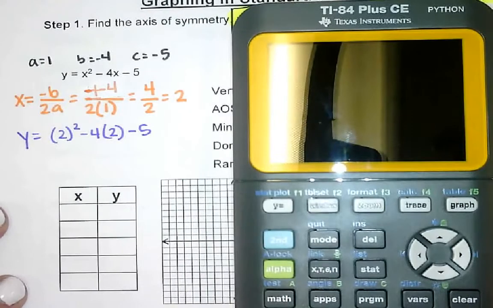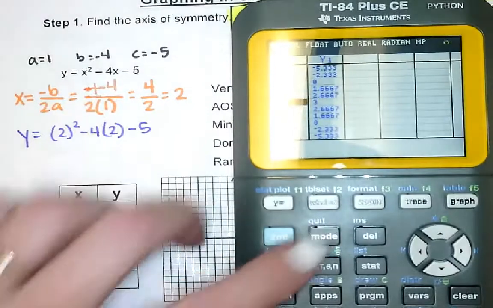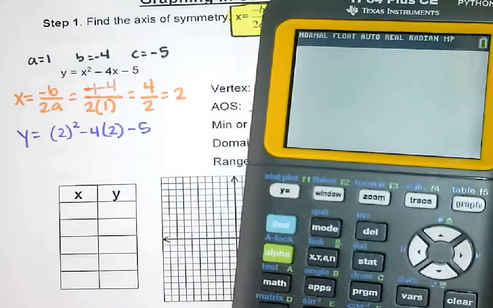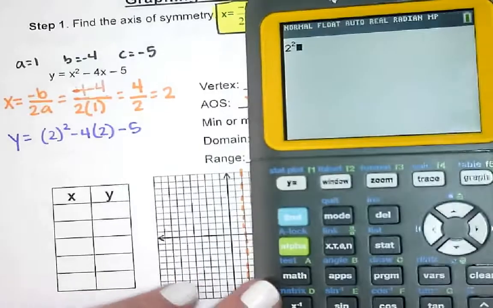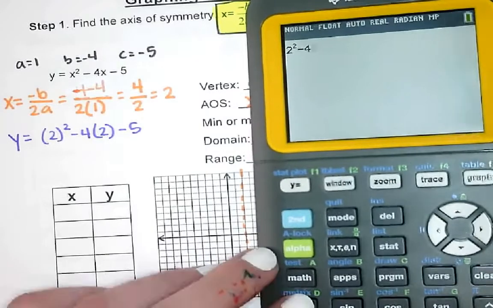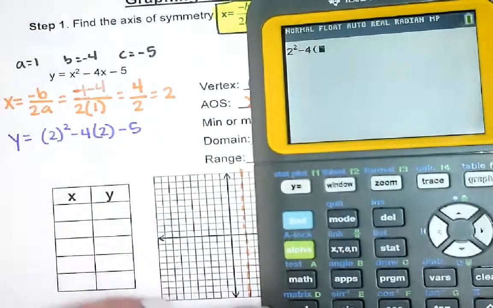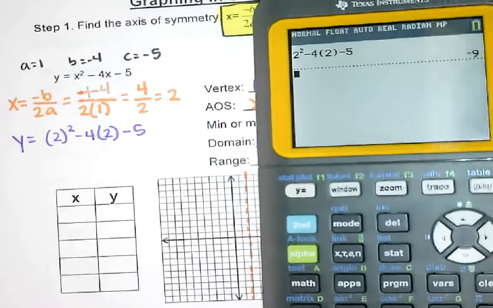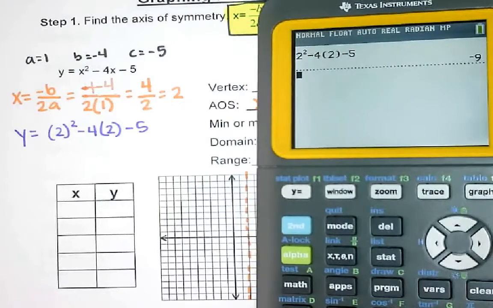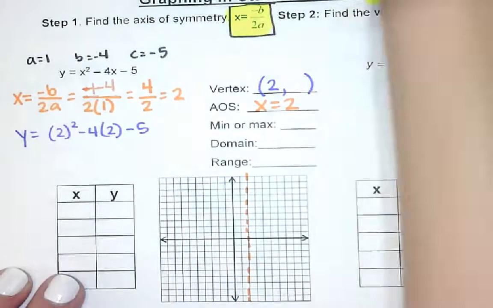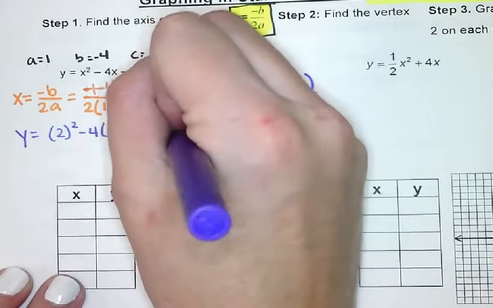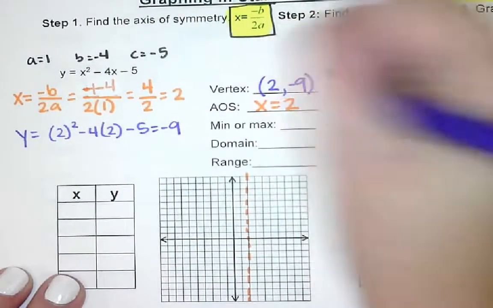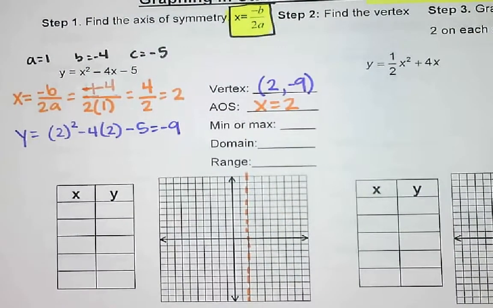You can turn it on. We can say 2 squared minus 4 times 2 minus 5. And that gives us negative 9. So that means the y value of my vertex is negative 9.